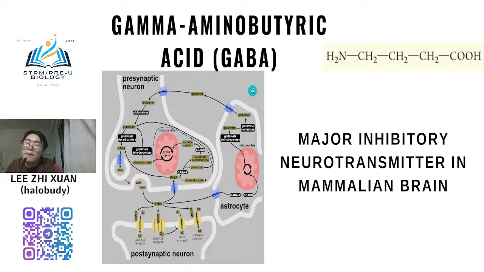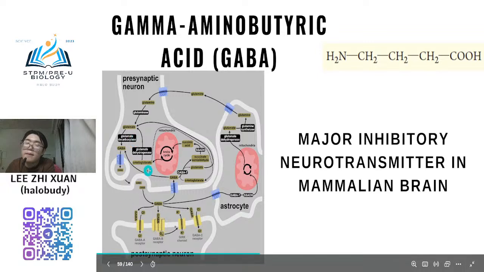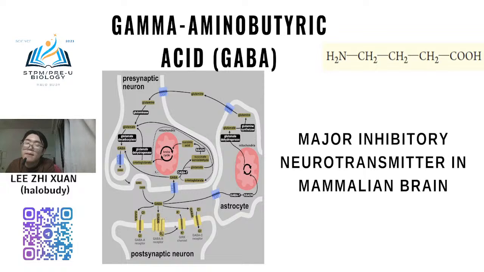So maybe if an essay question or structure question asks you for an example of IPSP, you can write GABA. Full name is gamma aminobutyric acid. It is an inhibitory neurotransmitter. Actually this is a mechanism you don't need to know because it is not in our syllabus, but because it involves IPSP, you should know it.